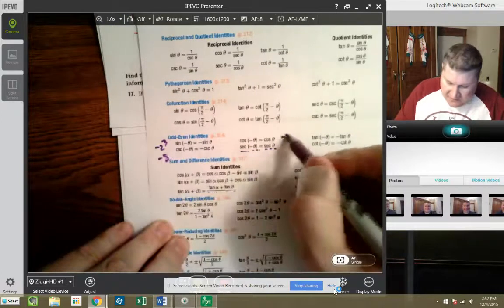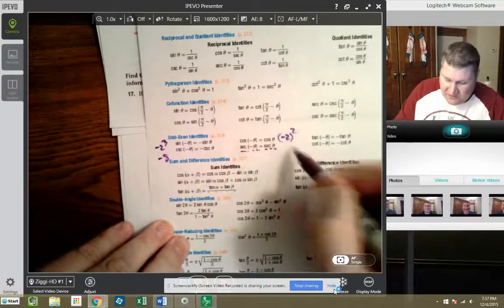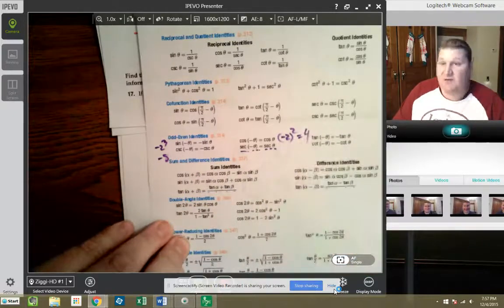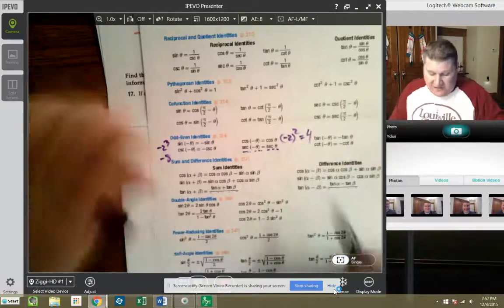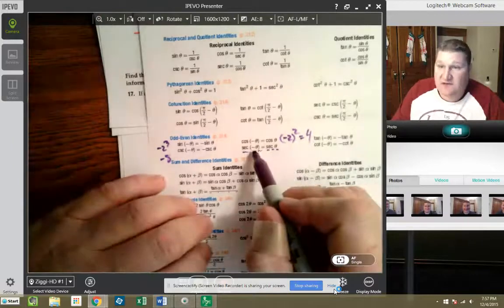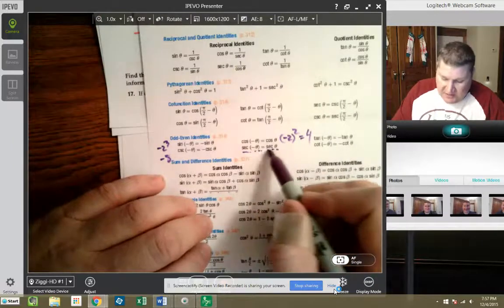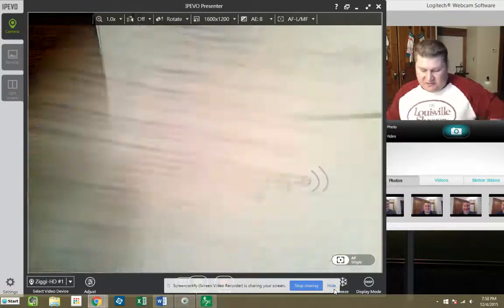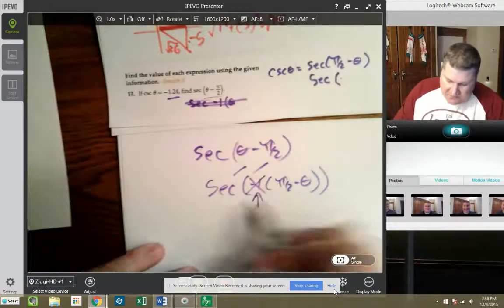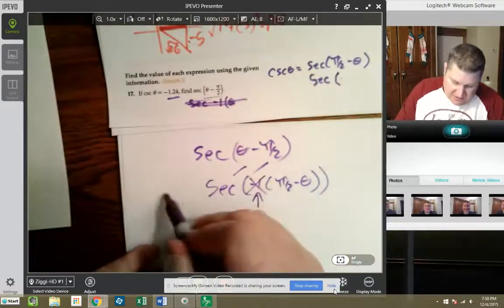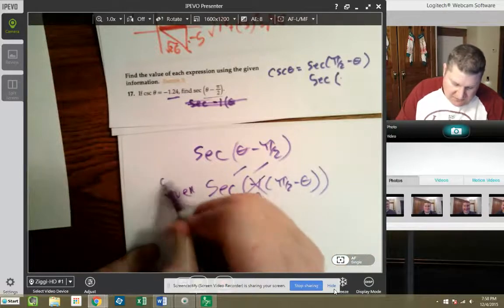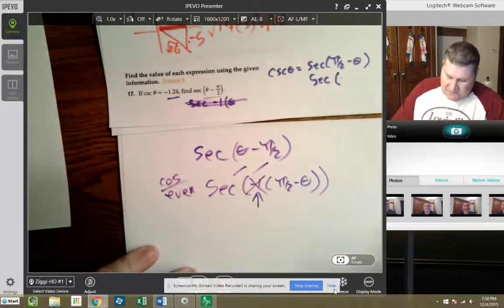But if I get negative 2 squared, even function, it goes away and it makes positive 4. So in this case, the negative that's inside of the secant can just go away, and we can treat it just like it were secant theta. So this negative 1, because secant is an even function, because it's based off of cosine, the negative goes away.